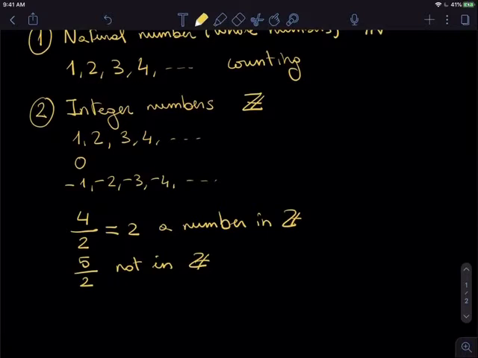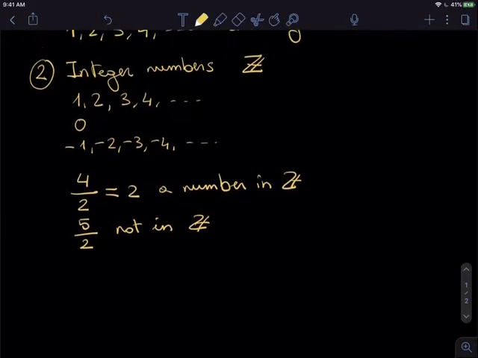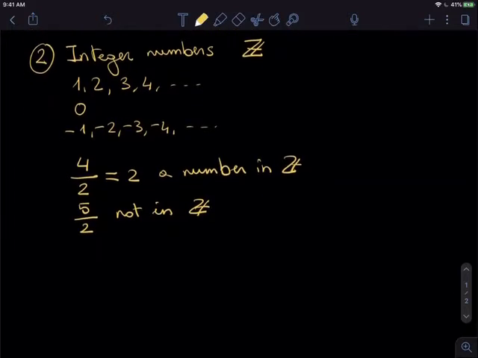So it's not in Z. So here we again run into trouble. We cannot always divide.